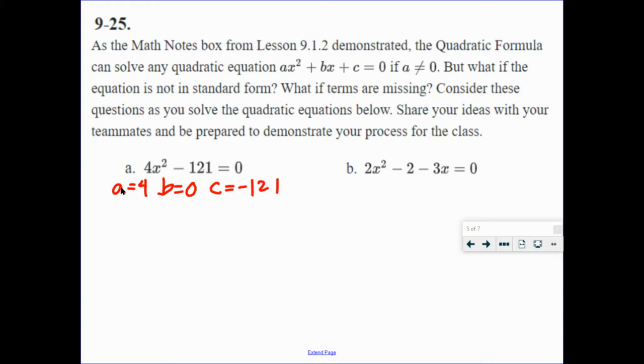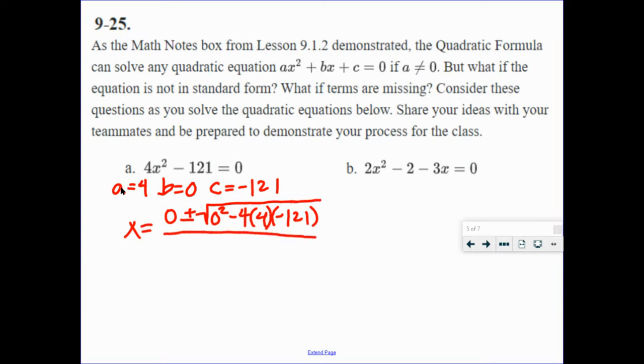All right, so when we plug this into our quadratic formula, you should get x equals 0 plus or minus the square root of 0 squared, which again is just 0, minus 4 times 4 times negative 121, all over 2 times 4.